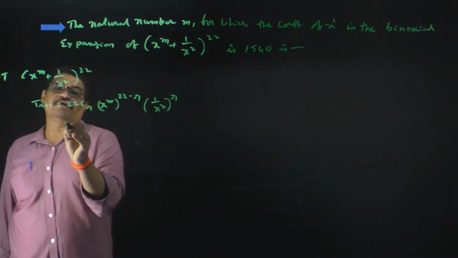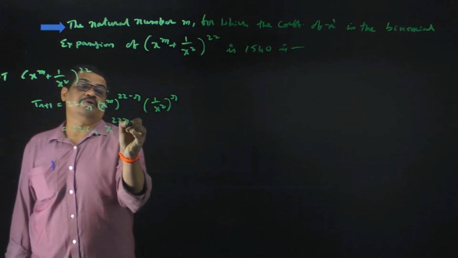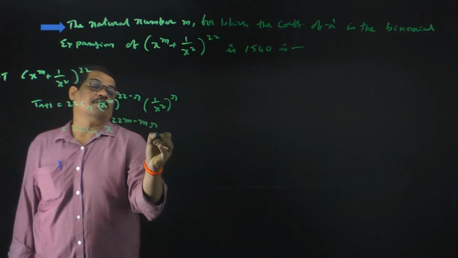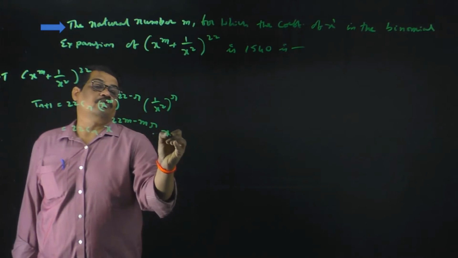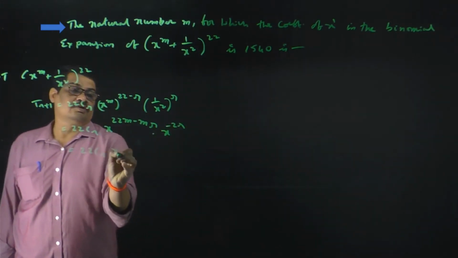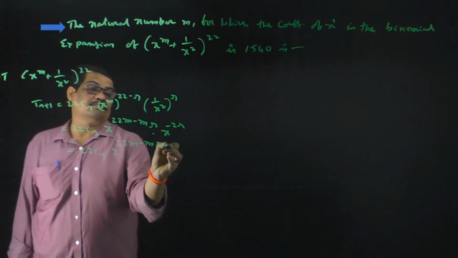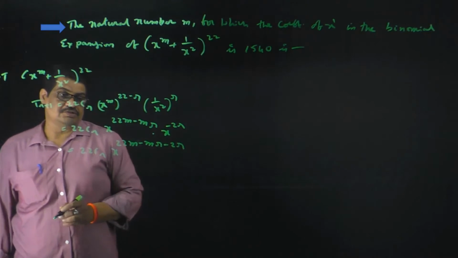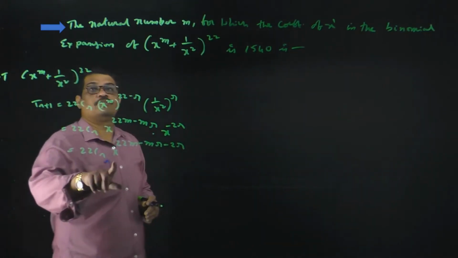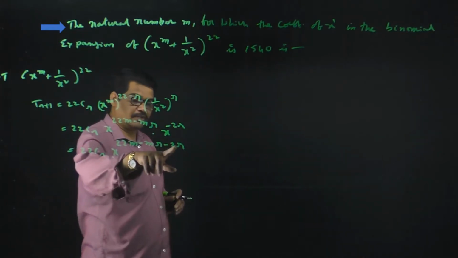So we are simplifying. This is 22Cr x to the power of 22m minus mr, here x to the power of minus 2r. So that is 22Cr x to the power of 22m minus mr minus 2r.